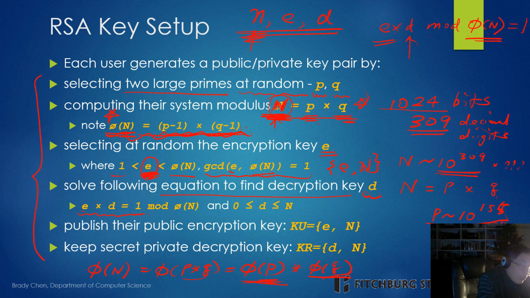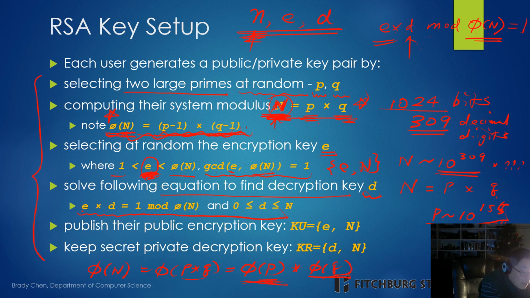This is relatively easy to do, even though we haven't mentioned that yet. There's an algorithm to calculate d once we know E. That d is actually the inverse of E modulo phi of n, so E and d are multiplicative inverses of each other.